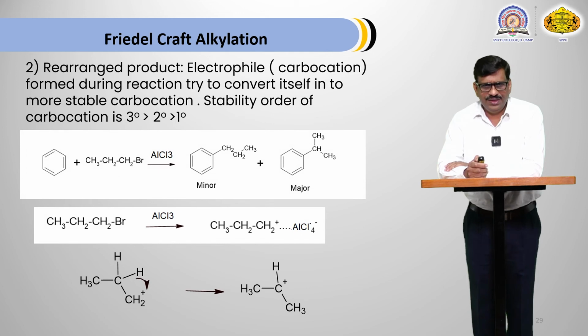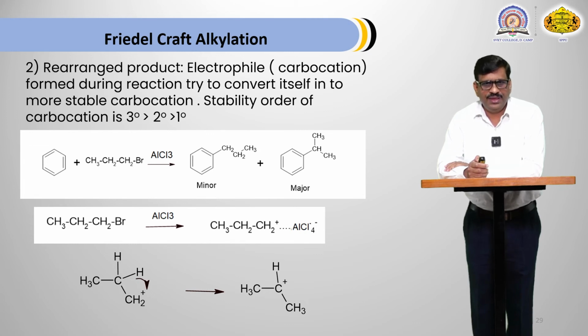Another limitation of Friedel-Crafts alkylation reaction is formation of rearranged product. The electrophile formed during the reaction tries to convert itself into a more stable carbocation. We know that in Friedel-Crafts alkylation reaction there is formation of carbocation as an electrophile. We know the stability of carbocation is tertiary greater than secondary greater than primary.